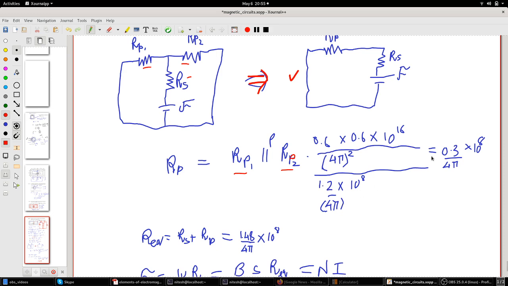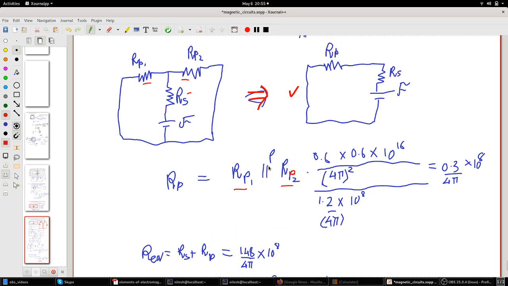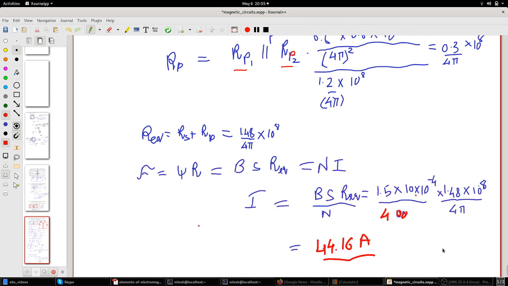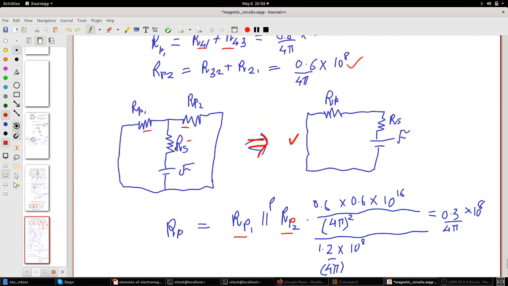So the equivalent reluctance Rp will be equal to 0.3 divided by 4 pi into 10 raised to 8. Now this is the equivalent circuit that you get. From here I have taken an equivalent reluctance of Rp1 and Rp2, created this Rp, and now this Rp is in series with Rs.